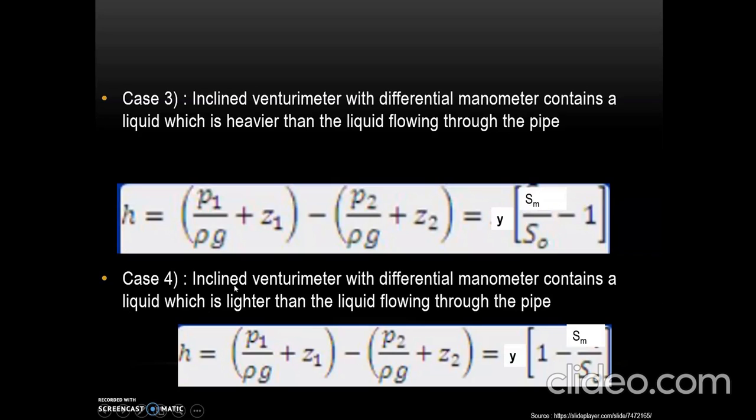And case 4 is when an inclined venturimeter with a differential manometer contains a liquid which is lighter than the liquid flowing through the pipe. So we get H equal to P1 by rho g plus Z1 minus P2 divided by rho g plus Z2, which will be equal to Y into 1 minus SM divided by SO.